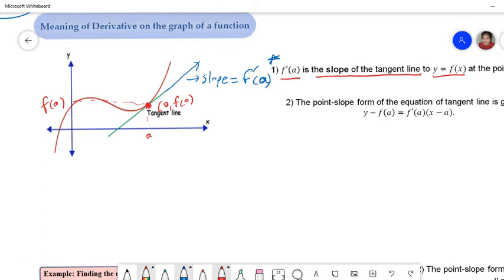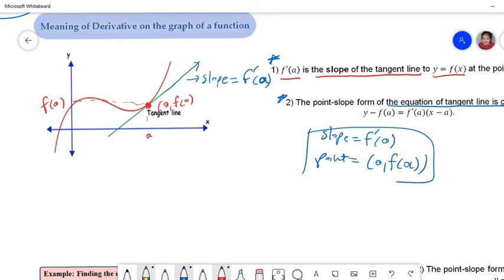So the first one is saying this, and the second one is saying the equation of the tangent line. The slope is given. What is the slope? It is f prime of a, and the point is given, so it will be a, f of a, because the line is passing through this point. By using these two we can write the line equation.